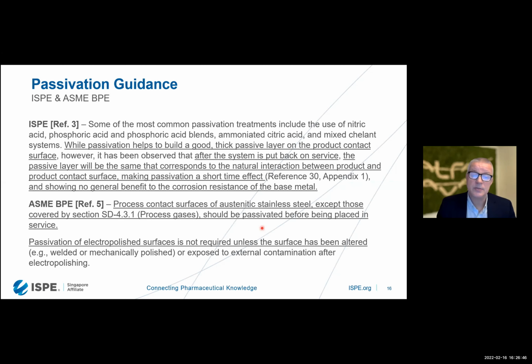If you look at ISPE, which I like very much in the guidance, because this is also what we have found in our laboratory, they say, well, passivation helps to build a good thick passive layer on the product.